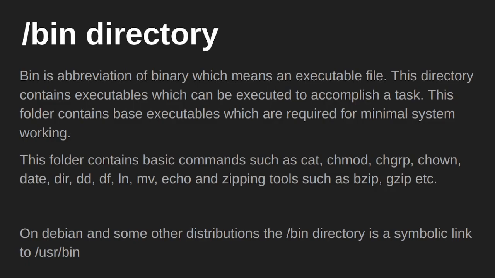According to the Filesystem Hierarchy Standard, the bin directory should contain only the minimal set of binaries that are required for minimum system working. This folder contains basic commands such as cat, chmod, chgrp, chown, date, dir, dd, df, ln, mv, echo, and zipping tools such as bzip and gzip, etc.